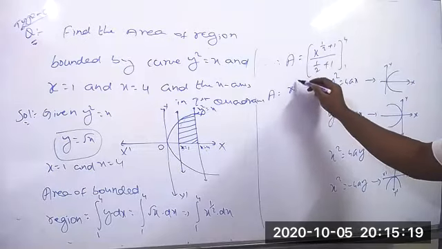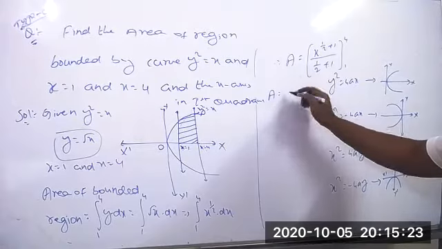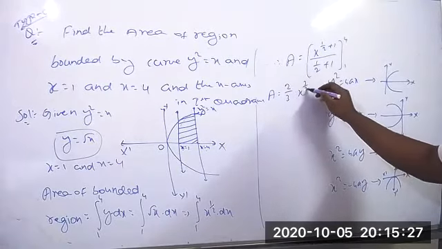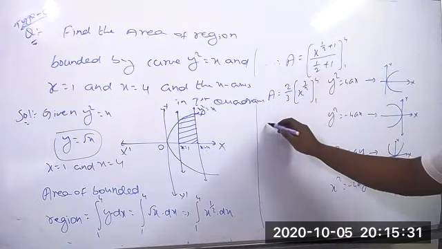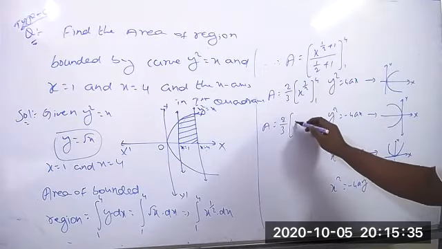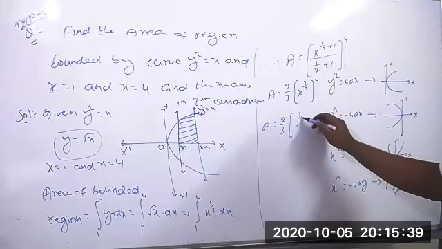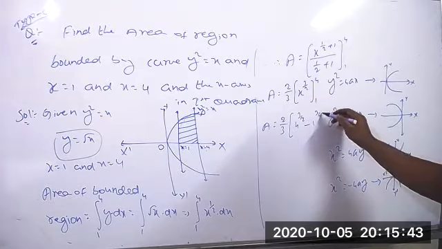So x power 3 by 2 by 3 by 2, which means 2 by 3 into x power 3 by 2 from 1 to 4. Upper limit minus lower limit: 2 by 3 into 4 power 3 by 2 minus 1 power 3 by 2.